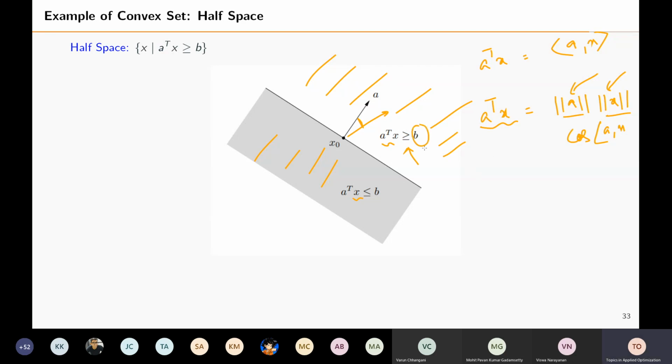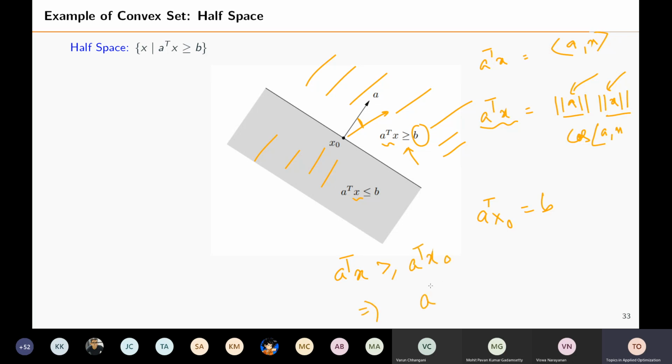What we have to do to actually make it based on the acute angle and so on is the following. Yeah, you're right. So we have to make a little bit of adjustment here because, so let us say, at what point we achieve B, right? So let us say that point is X naught. And at that point, it becomes B. So we have to substitute B here. And then A transpose X is greater than or equal to, so B is A transpose X naught.